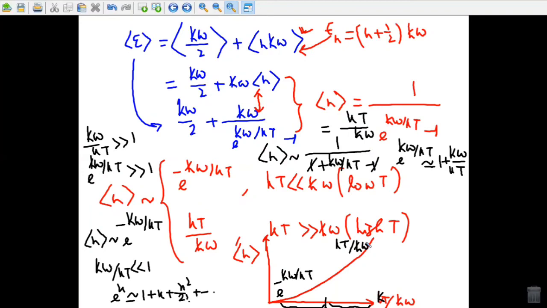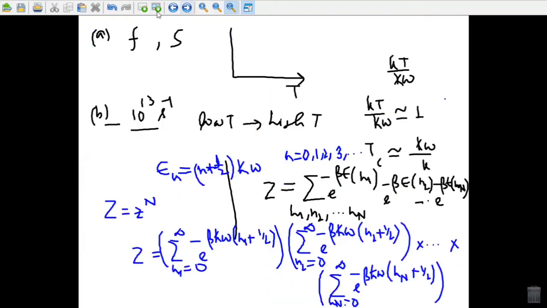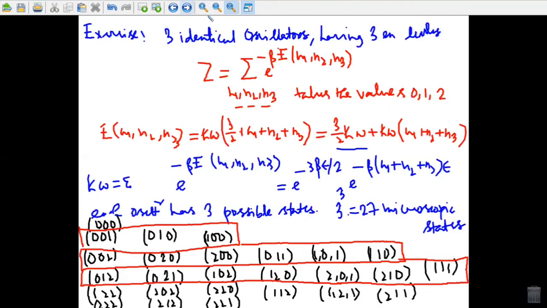So another exercise, depending upon the harmonic oscillator, yes, this is another exercise which says: let us study the system of three identical oscillators, right?